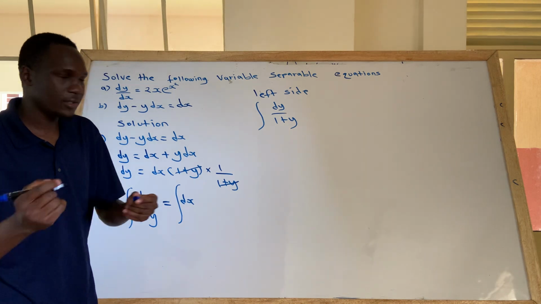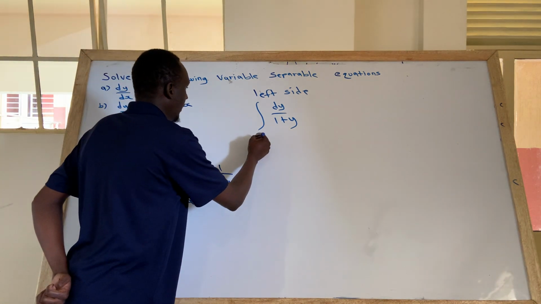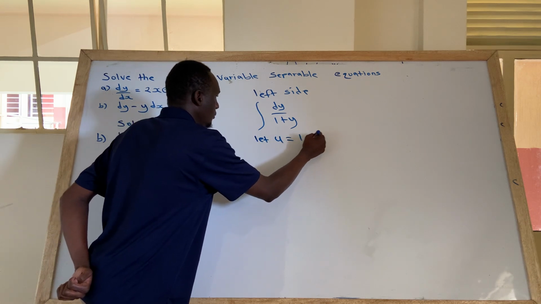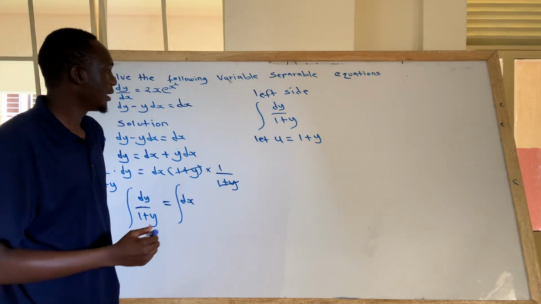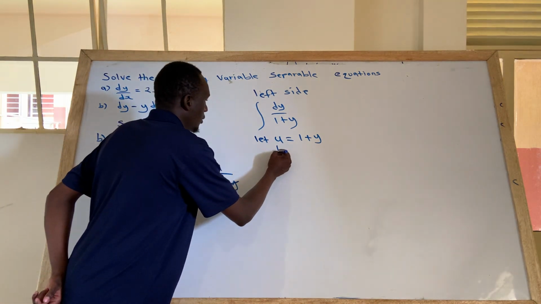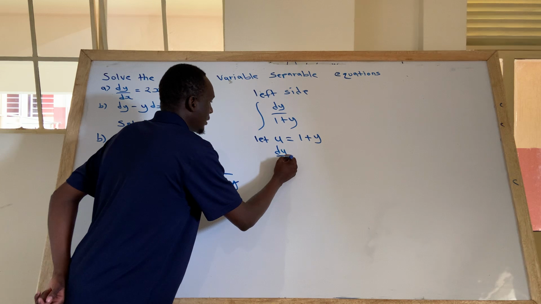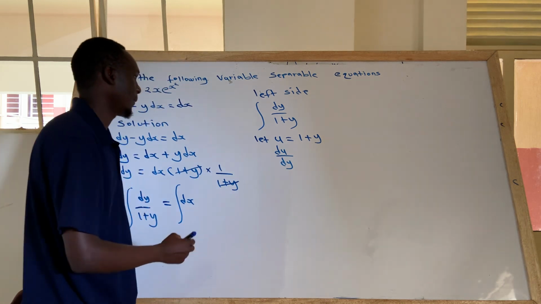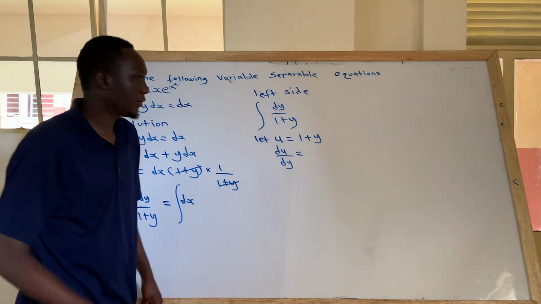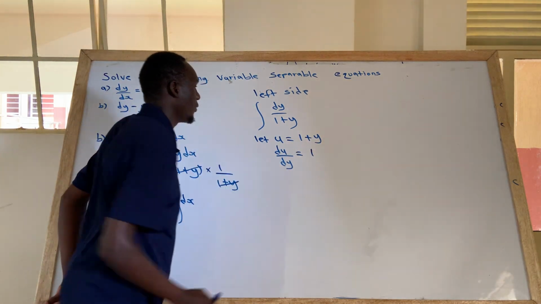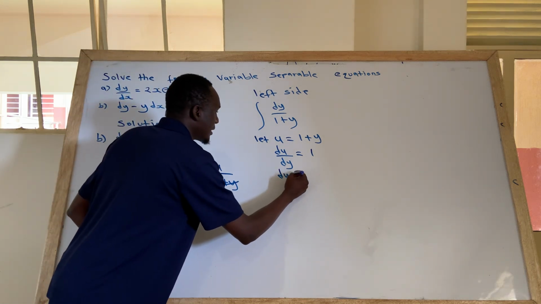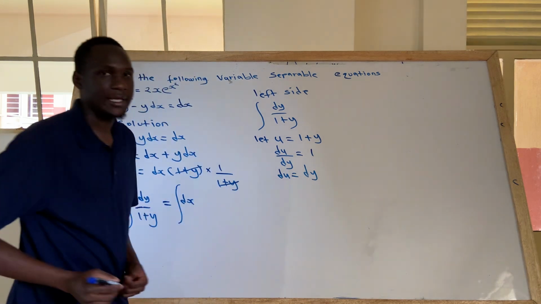But let's solve it. We can let u be equal to 1 plus y. Therefore, du over dy is equal to, this one is 0 and this one is 1. Therefore, du is simply dy.